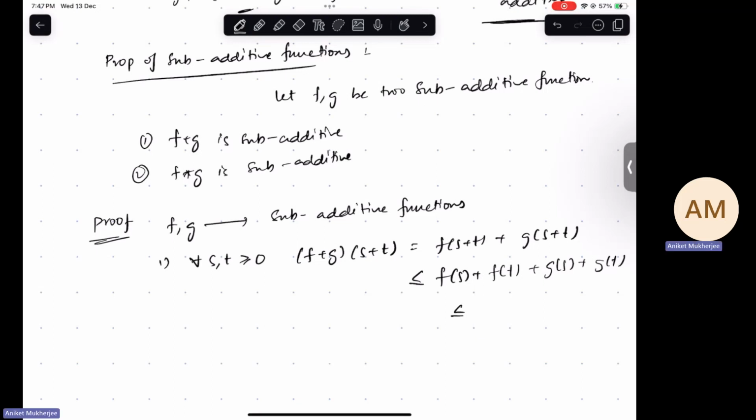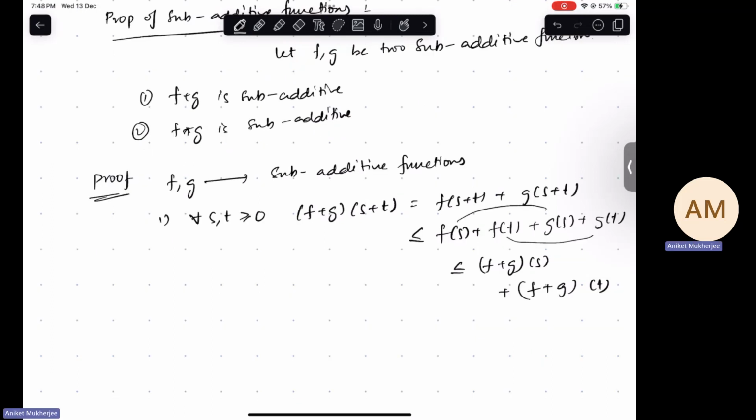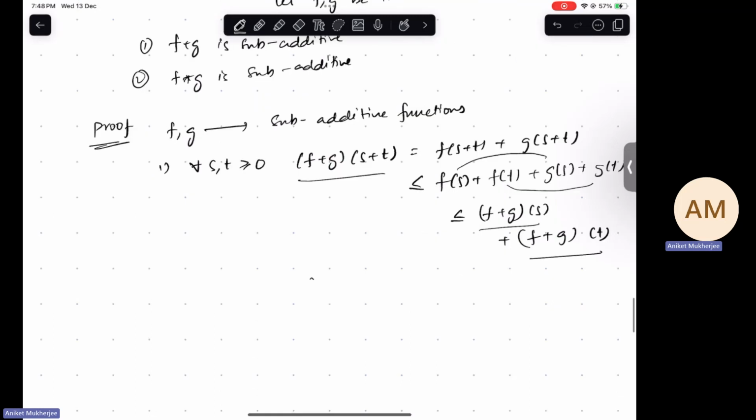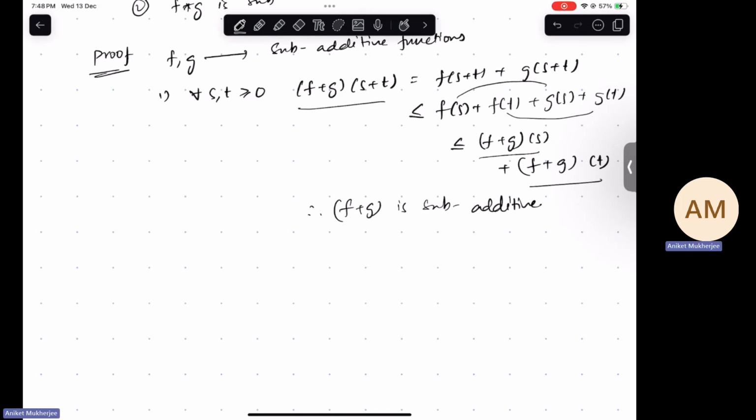And this is f plus g at s plus f plus g at t, right? Clumping these two and these two. So from here you've got that f plus g at s plus t is less than or equal to f plus g at s plus f plus g at t. Therefore, f plus g is subadditive, right?